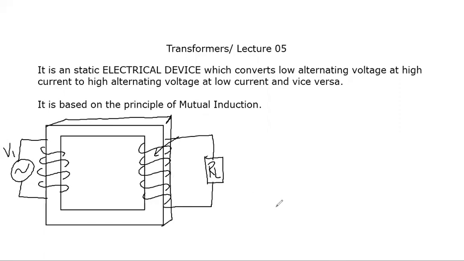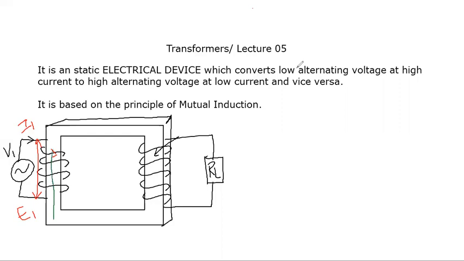When the current starts flowing in the primary coil, there will be an EMF induced in the primary coil. Let's call it E1. There will be alternating current flowing through these coils. Hence, that gives rise to what is called a magnetic flux.